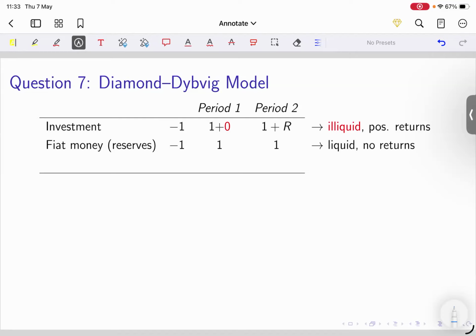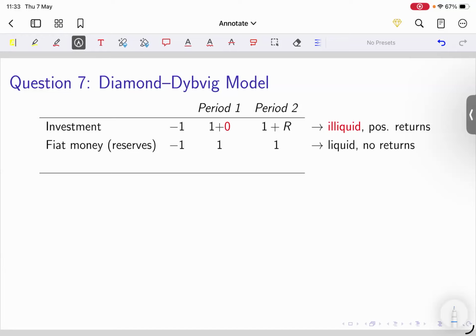Each household independently has probability T of being an early type who needs to consume in period 1, or, the complement, probability 1 minus T, to be a late type. That is to say, they're patient and can wait until period 2. The type, however, is private information and is only revealed in period 1.